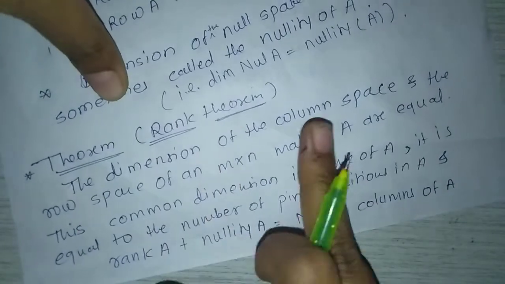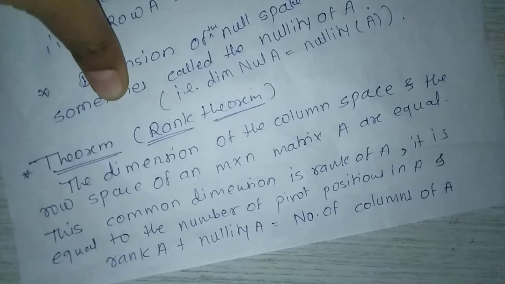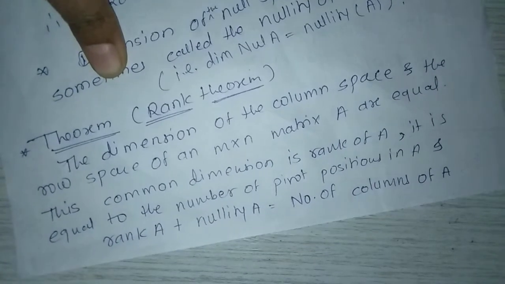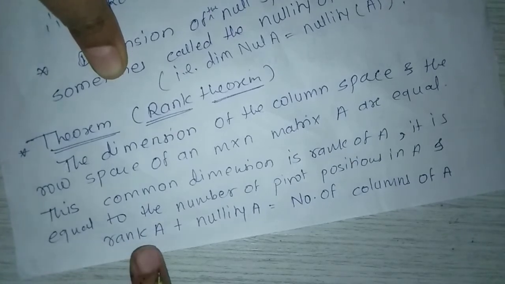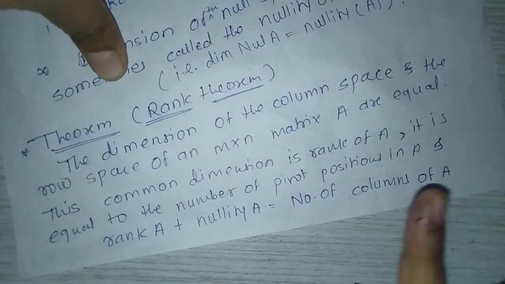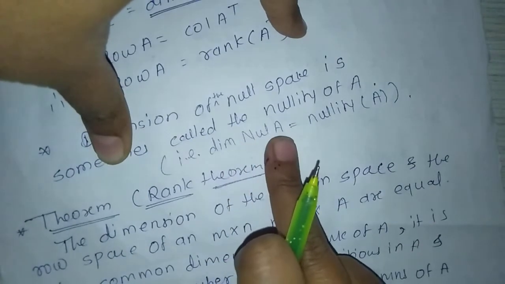The dimension of the column space and the row space of an m by n matrix A are equal. This common dimension is rank of A. It is equal to the number of pivot positions in A, and rank of A plus nullity of A equals the number of columns of A. And we know that nullity of A means dimension of null space of A.